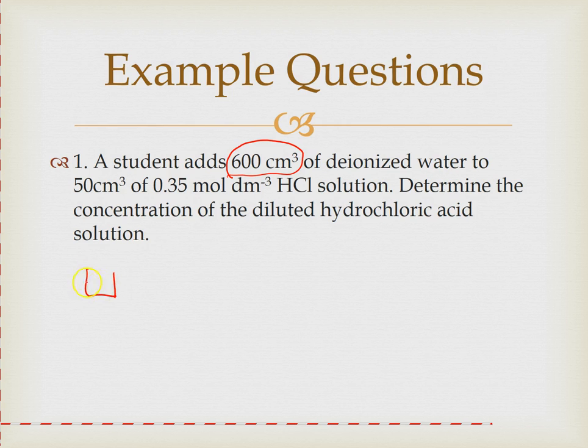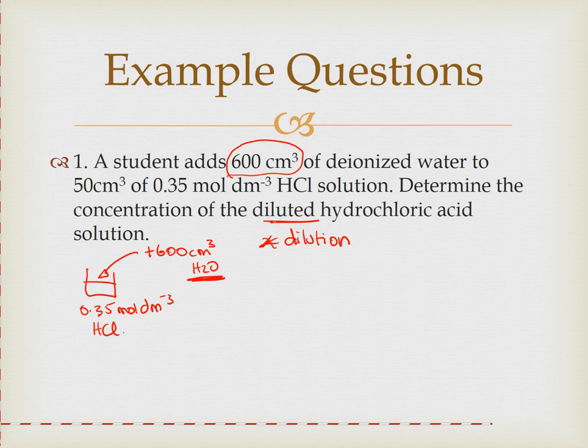So it's just H2O, so I'm looking at dilution, and you will notice that diluted is also present in my question. So that should tell me straight away I'm going to use C1V1 equals C2V2.